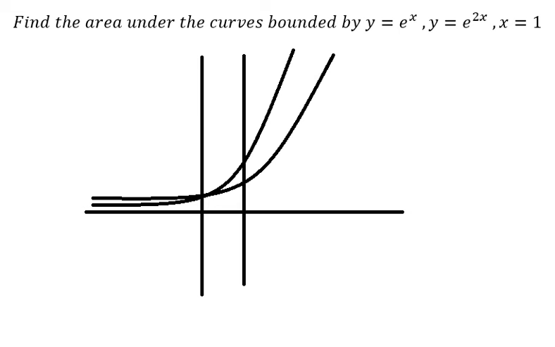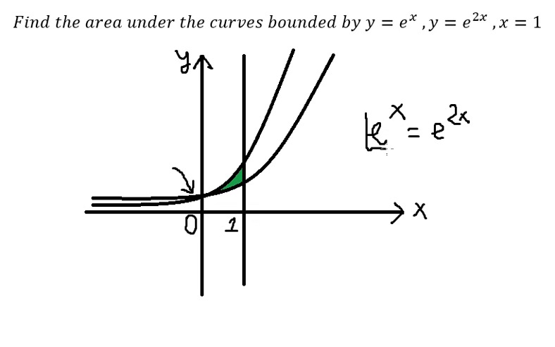So the area we need to concentrate on is this one. Now we need to find the intersection in here. So that should be e to the power of s equals e to the power of 2s.